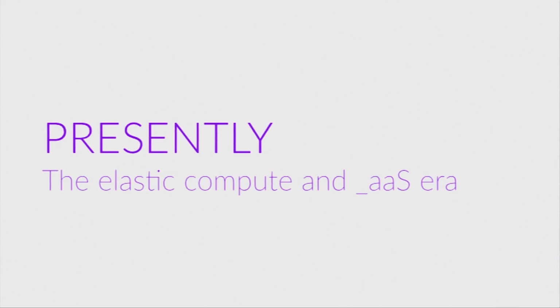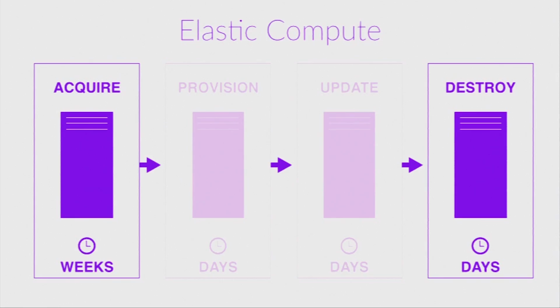So presently, we're in the era of elastic compute and IaaS. And they're enabled by one another. So what does elastic compute give us that we didn't have in the past data center? Well, elastic compute helps with the acquisition and destroy stage. Previously, acquisition would take weeks, destroy would take days.